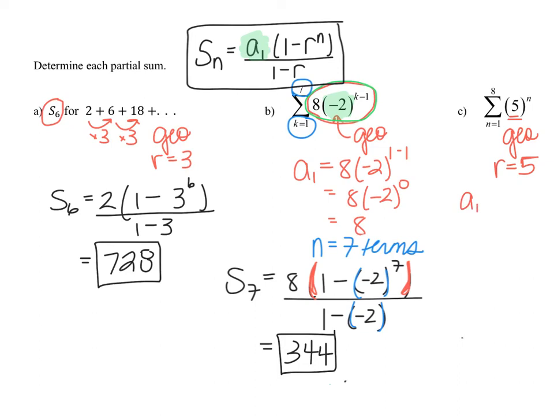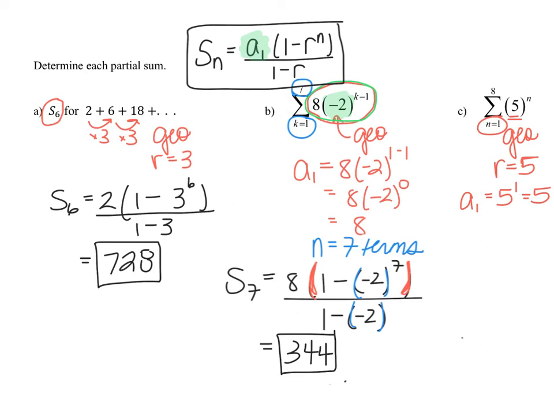I will go ahead and substitute in 1 for n. Remember, we're subbing in 1 because in the sigma notation, the index here is n equals 1. So that's telling me to substitute 1 in to find my first term. And 5 to the first power is just 5. So interesting on this one that the common ratio is 5 and the first term is also 5.